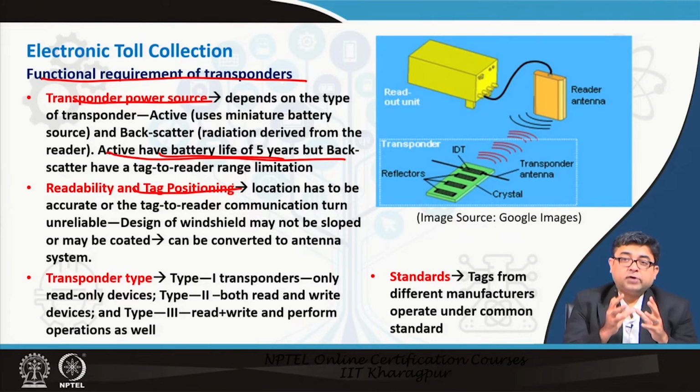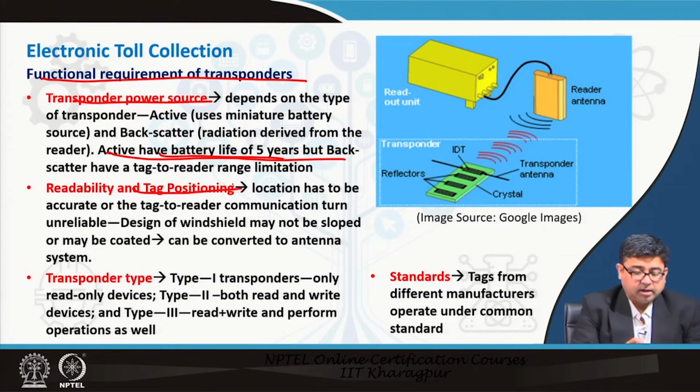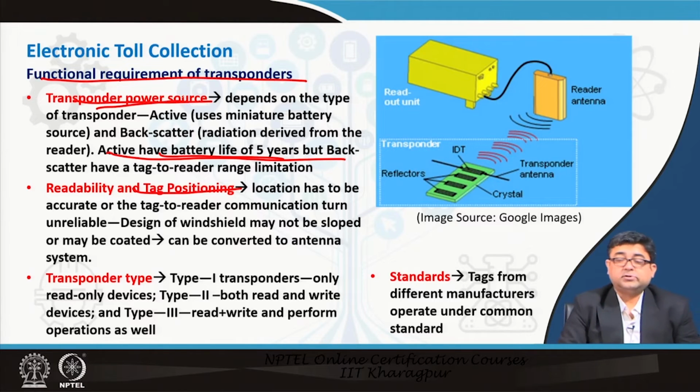So, if you want an efficient system, you have to pay attention to detail, you have to design the system in such a manner that everything works, every small minor detail. You cannot say that, well, I did not have battery on my tag reader, on my transponder, and there was no power source, so I am not able to read any of the FASTags that are going through. That should not be an excuse, right.